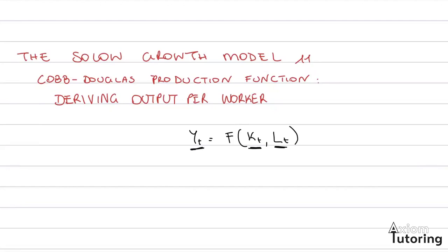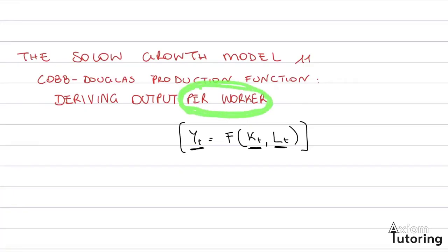However, we know that variables in aggregate terms might not be as useful for making, for example, cross-country comparisons and for comparing economies and to see evolution patterns. So that's why we actually need per worker equations.